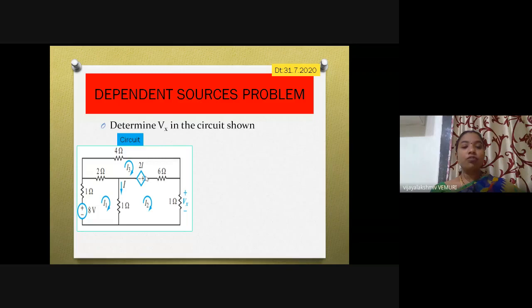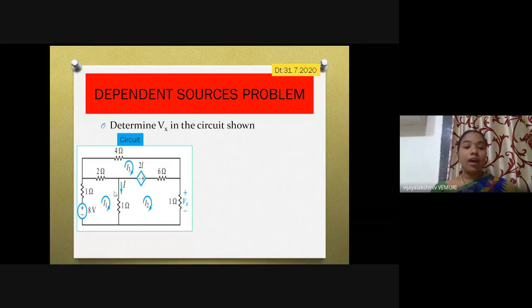You can proceed even if you have a dependent source or an independent source, whatever it may be. First of all, you need to observe whether you have any voltage source between the meshes. If you have a voltage source between the meshes and you are asked to solve using mesh analysis, there is no problem. But if you have a current source between two meshes, then you cannot apply KVL to the meshes.